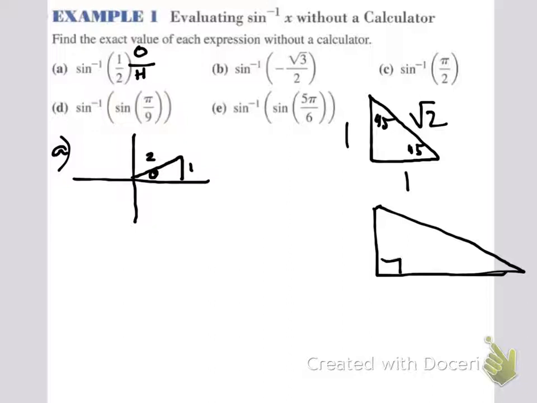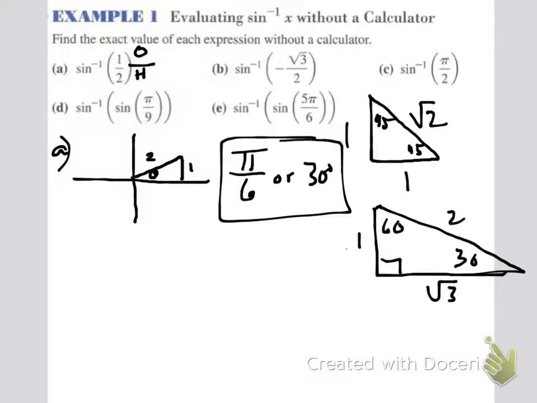Because they are not going to tell you to find it without a calculator if it's not 30, 60, or 45. So which one of those angles has a sine of 1/2? 30 degrees does. Opposite over hypotenuse. So the answer is pi over 6. Or if you wrote 30 degrees, that's not wrong. They don't specify.